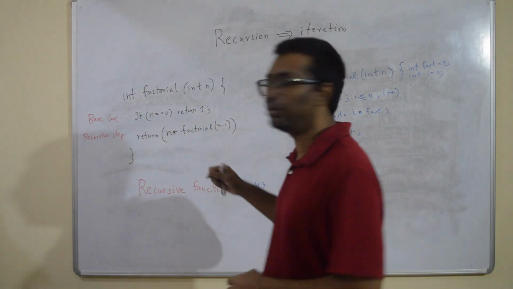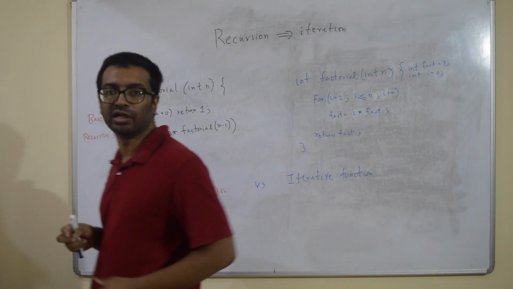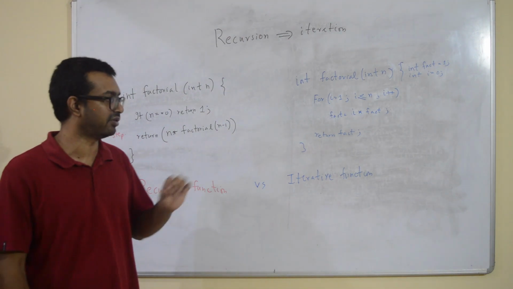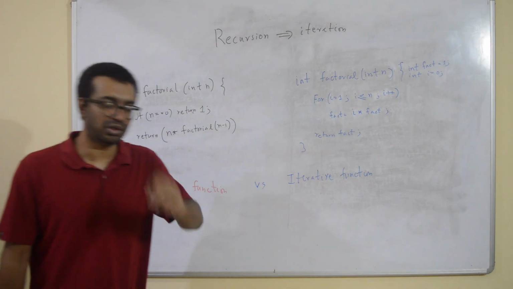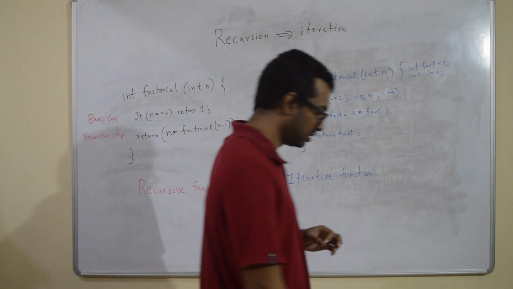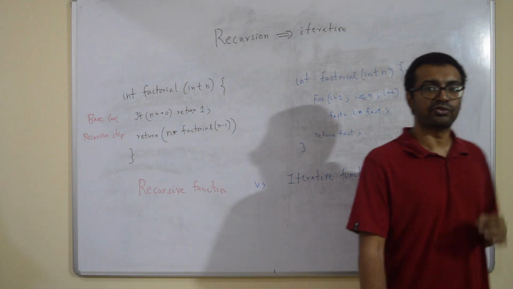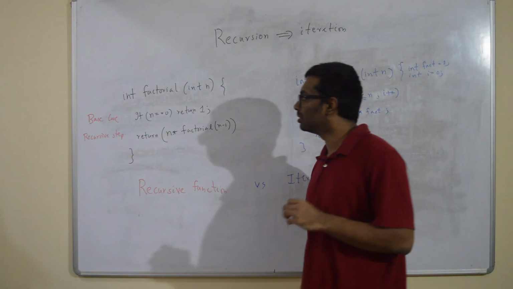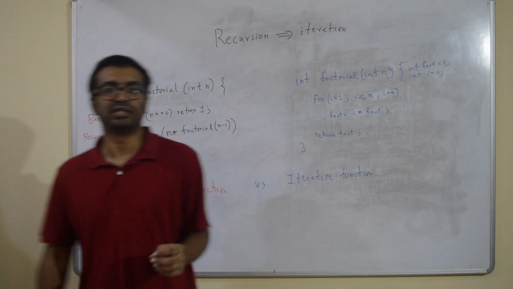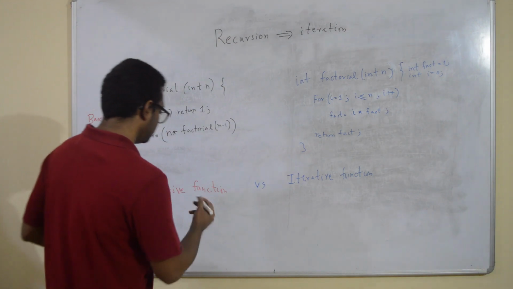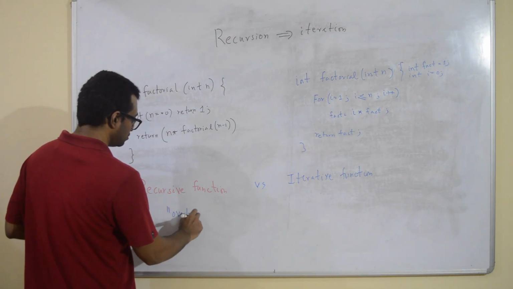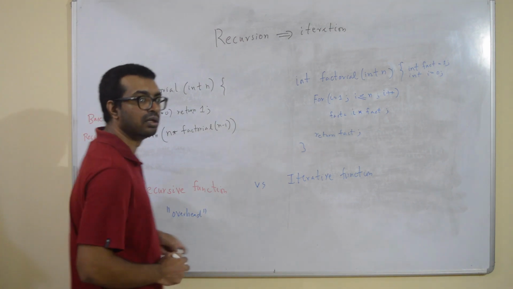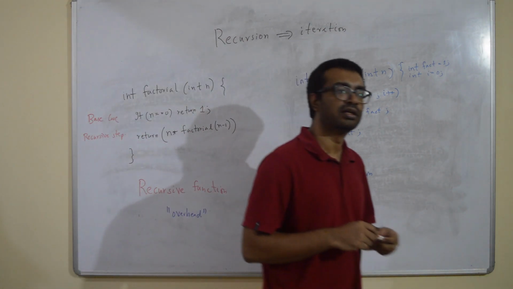Now why did I bring up this fact that every recursive function can be converted into an iterative function? One simple reason is that for the computer to implement a recursive function, there is a little overhead. What do you mean by that?